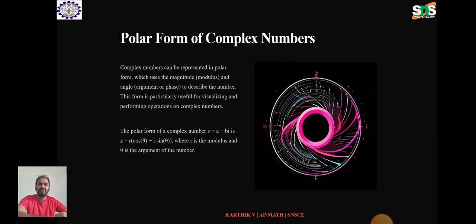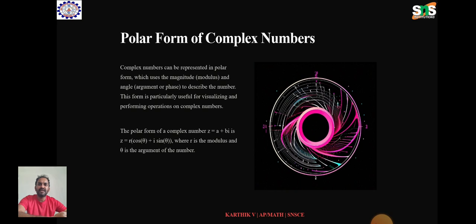Polar form of complex numbers. The polar form of a complex number provides an alternative way to represent complex numbers using their magnitude and argument. It is particularly useful for performing operations like multiplication, division, and exponentiation of complex numbers.